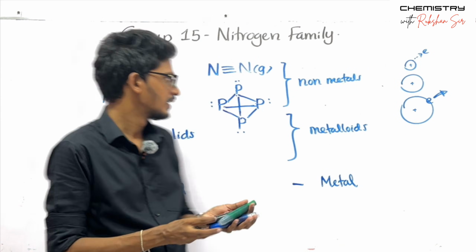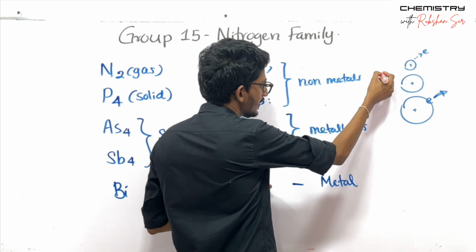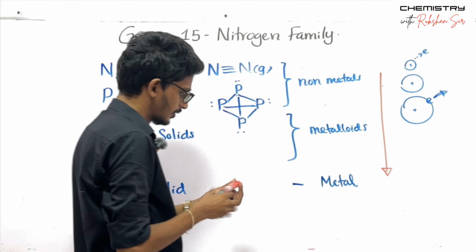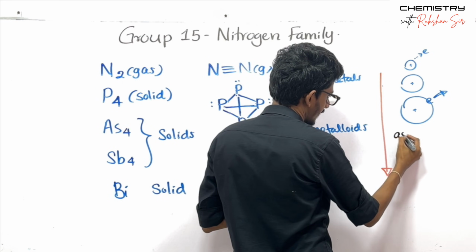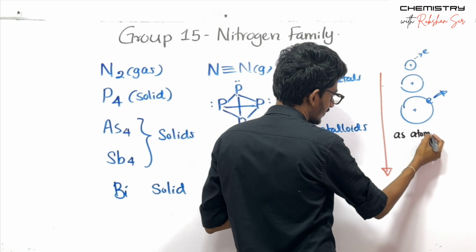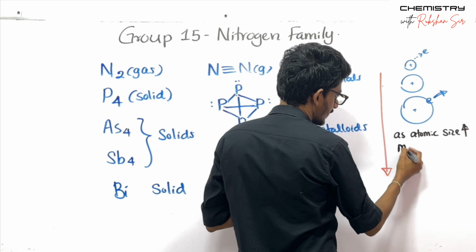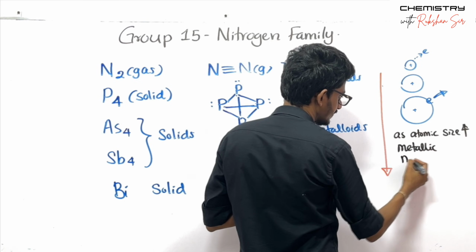That can be observed with each and every group of P block: going down, as atomic size increases, metallic nature increases.